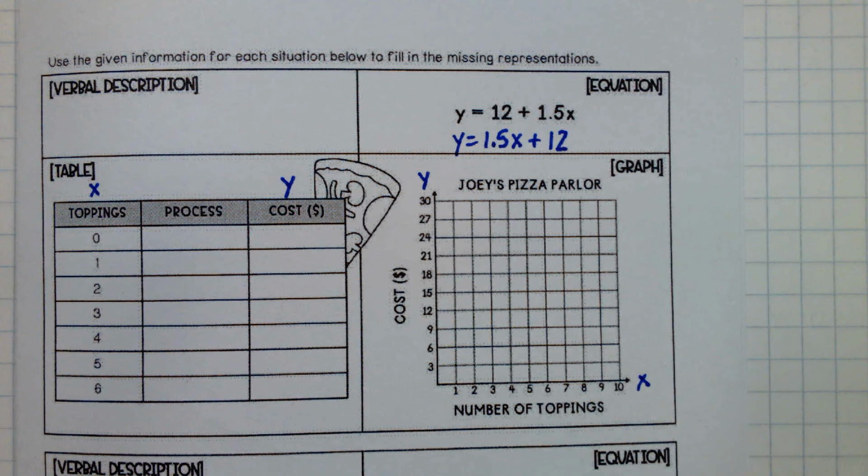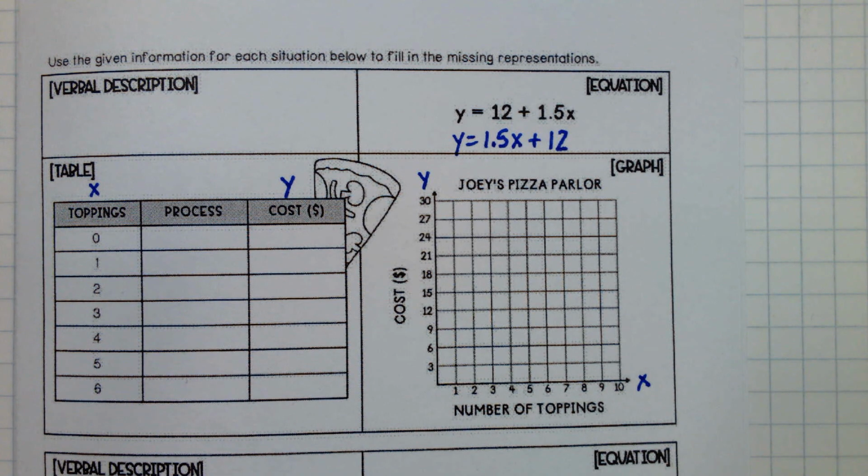So what would it be, guys? Put it away right now, please. I want you to think about this, because if you get a question like this on the test, you won't have me to help you there. y is the cost. x is the toppings. What's y over x? Don't think of a number.